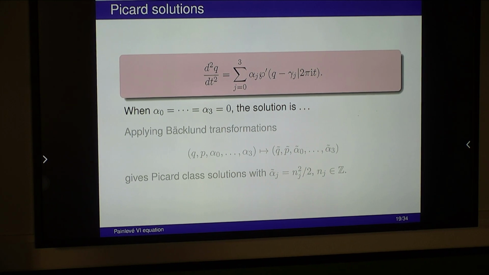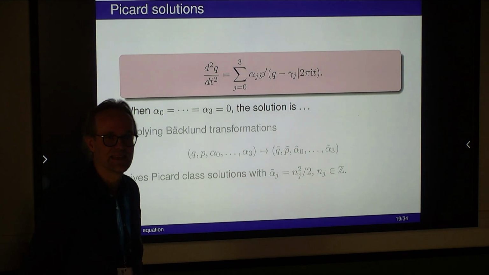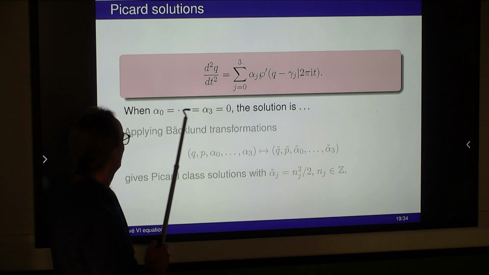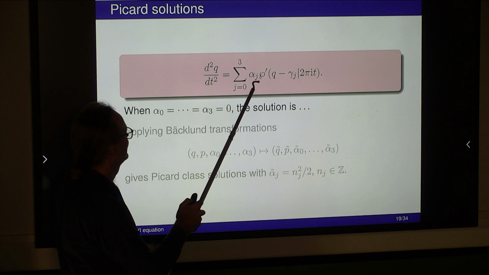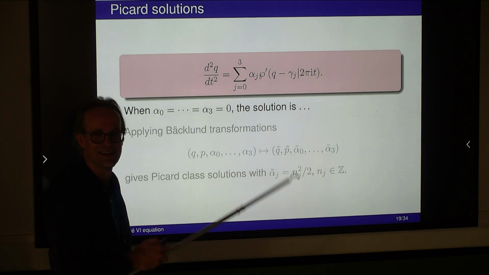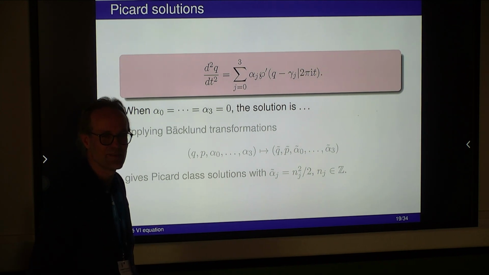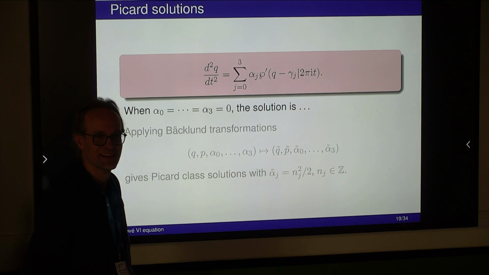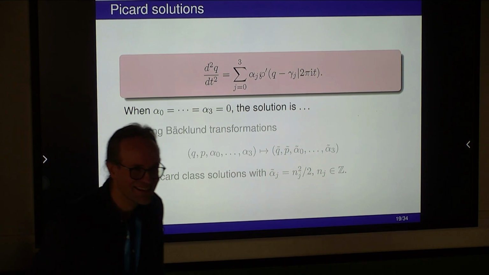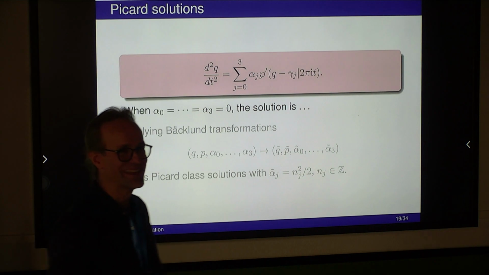Okay, so now I want to say that there are some special cases of Painlevé 6 that you can solve very easily. For instance, when all these parameters alphas are 0, then you can solve this equation easily. Just to see if you're awake, can someone tell me what the solution is? Yeah, I couldn't hear what you said.